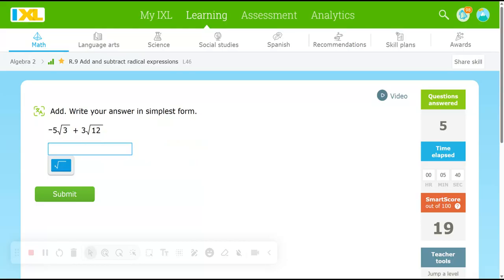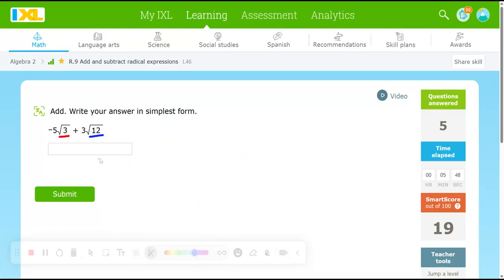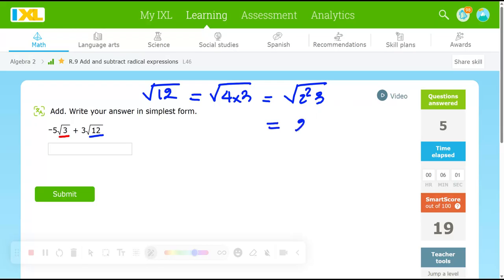Now, the next one, they're not quite the same. This is square root of 3 and this one is square root of 12. But square root of 12 is 4 times 3, and 4 is 2 squared. So now I can take 2 outside. So I got 2 square root of 3.